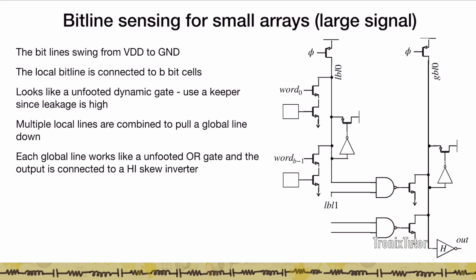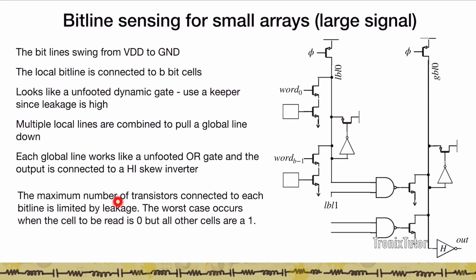And so therefore, to ensure that this node is less sensitive to noise, we add another keeper to the global bit line. Right? And now because this looks like an unfooted domino, the inverter that we use to actually read out the output signal can be a high skew inverter, because the falling transition at the input is the one that is more important to us.